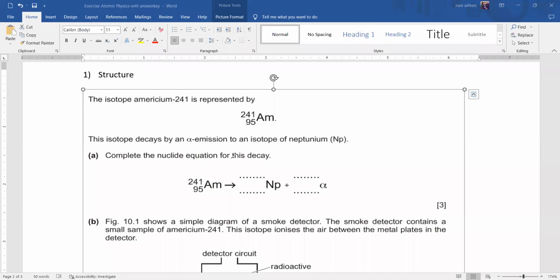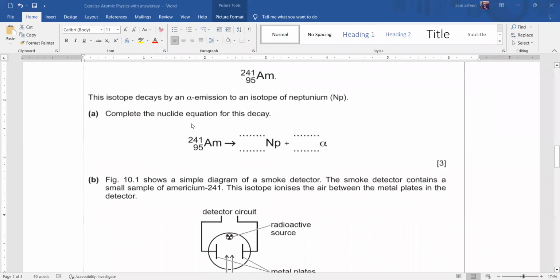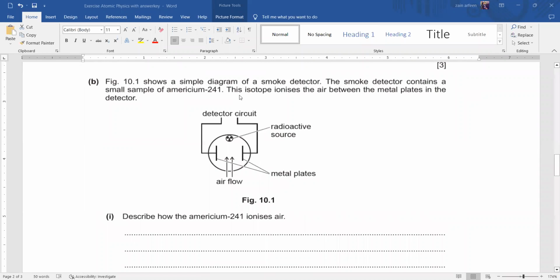The next part, figure 10.1 shows a simple diagram of a smoke detector. The smoke detector contains a small piece of americium. So there's a radioactive source, americium, there. The isotope ionizes the air between the metal plates in the detector. Describe how americium 241 ionizes the air.